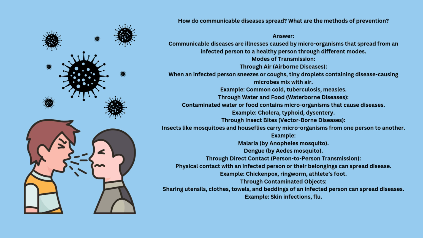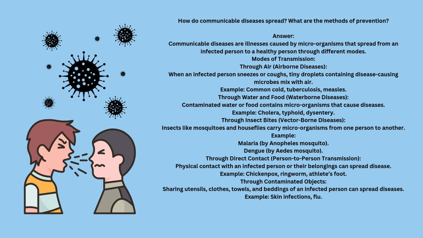Then through water and food, that can be cholera, typhoid and dysentery. Through insect bites like mosquitoes and houseflies, they can again pass on the infection from the infected person to the healthy person. Examples are malaria and dengue.